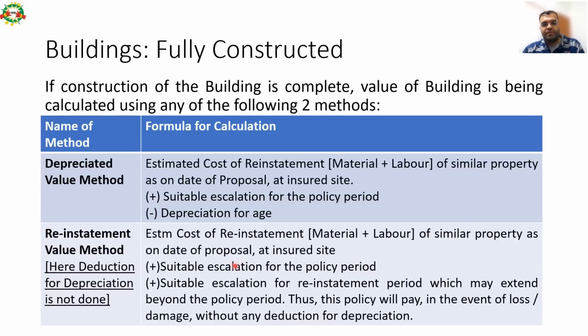Thus this policy will pay in the event of loss or damage without any deduction for depreciation. So if my policy period is say 1 year and my claim period or reinstatement period is say 1 year 15 days, for the additional 15 days I have to make provisions and a suitable inflation escalation in terms of the cost of the building.